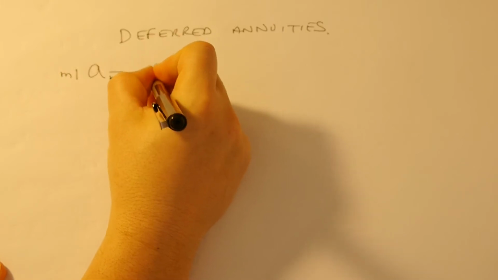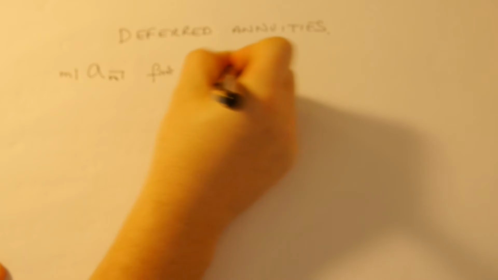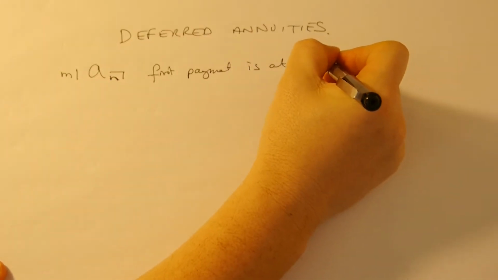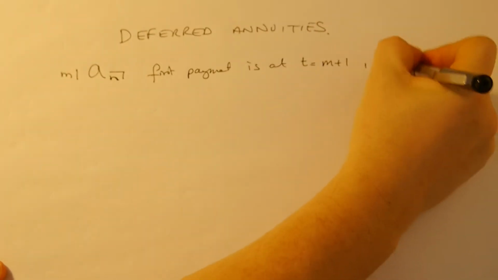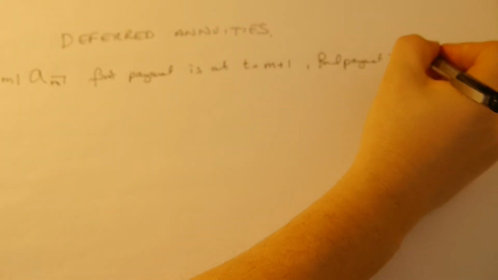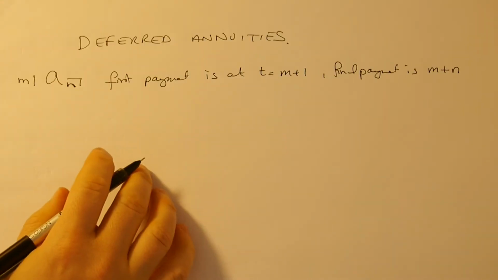So in this one, the first payment is at t equals m plus 1, and then the final payment is at m plus n.